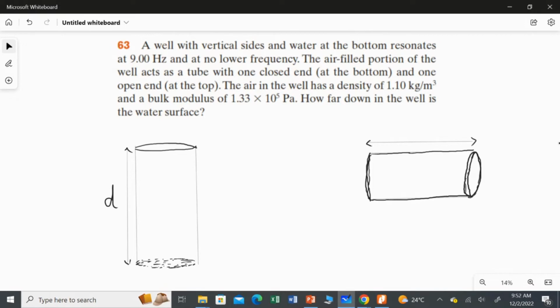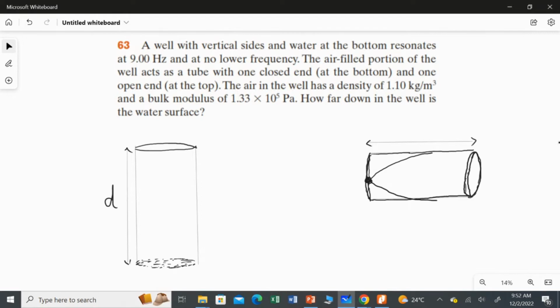Here on the right-hand side of the diagram, I just drew this well as a horizontal view. And this well emits only one frequency, and it has no other frequency. So that means it has only one loop, and at the closed end you have only one node, which we already studied in the theory.